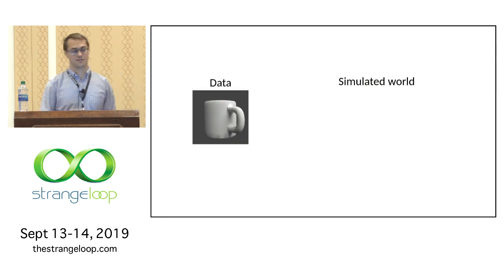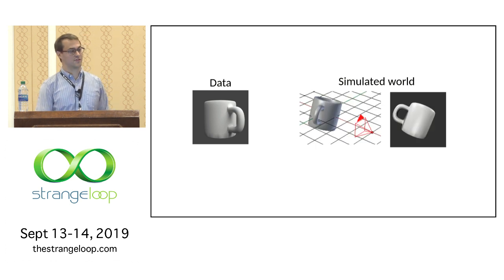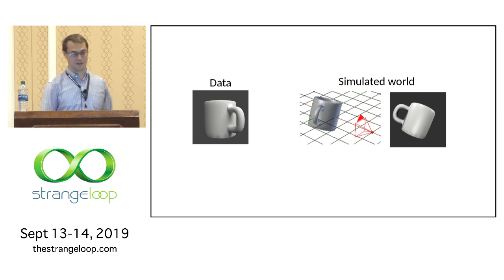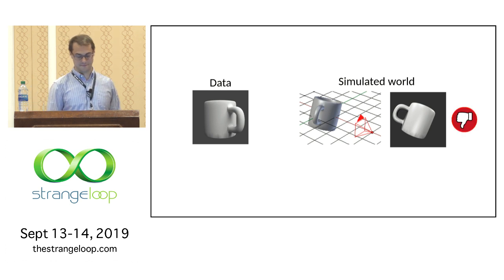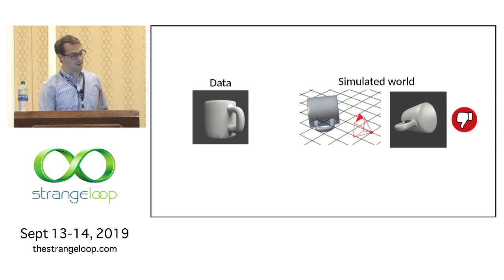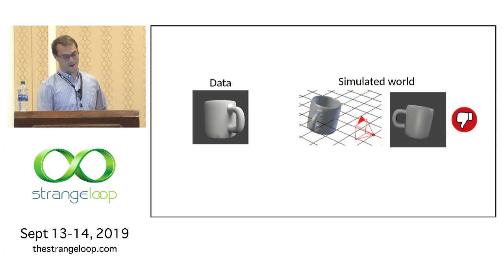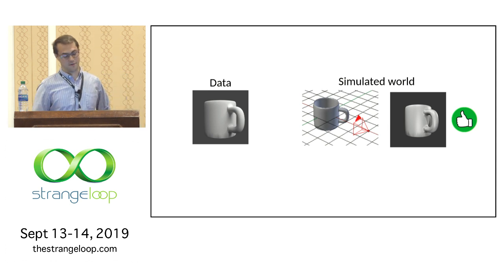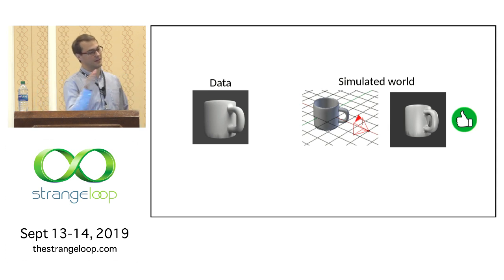So we can run our procedure again for inference. Given the data on the left, we're just going to simulate a bunch of worlds until we get one where the simulated or rendered image looks like the real image. That one doesn't look like it. Neither does that one, nor that one. Eventually, we will get one that looks close. And here we find out that this mug is upright and the handle is at a particular angle.